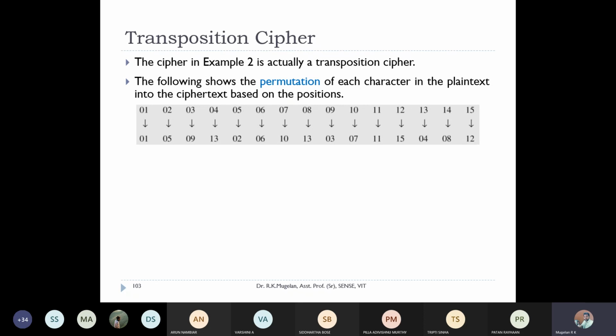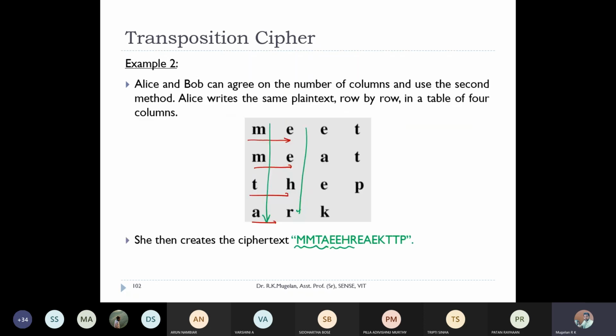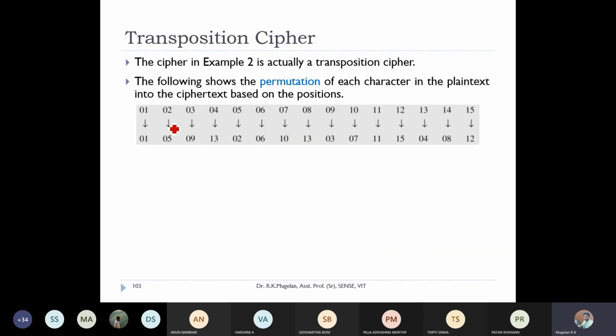Here there will be a permutation of each and every character. For example, in the previous example, the first character is in the first position. The second character in the plain text is present in the fifth position, the third character in the ninth position, and the fourth character in the thirteenth. After this you can see a pattern of repetition after every 4.